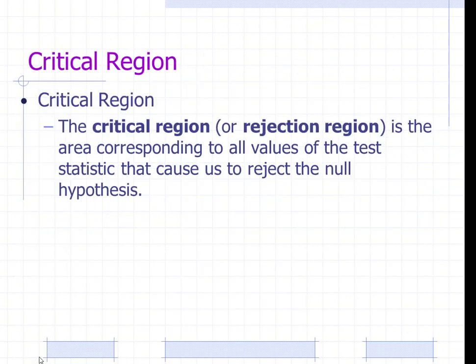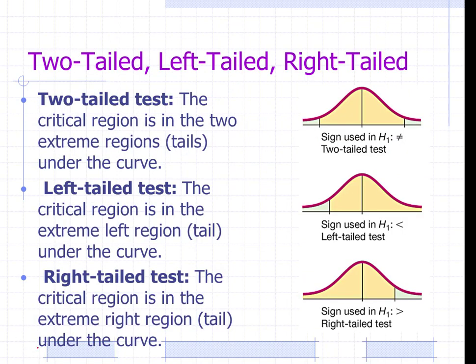Now, if we did a critical region, what we would do is we would find a z-score that beyond that would be our alpha. And if our score gets out here in our rejection region, then we can reject the null hypothesis.